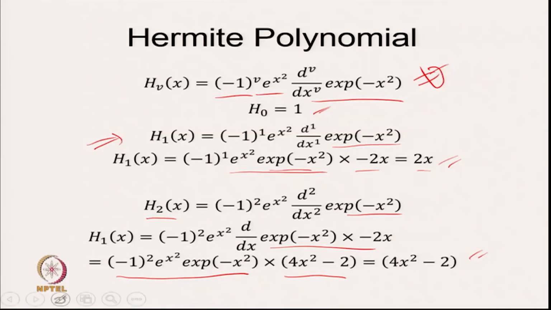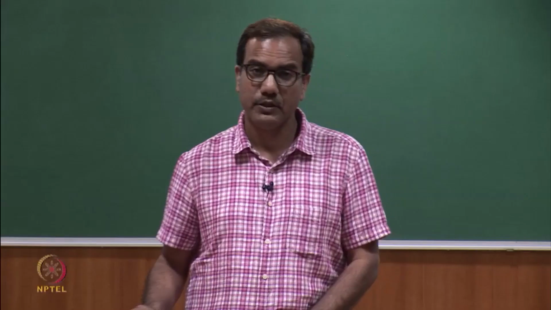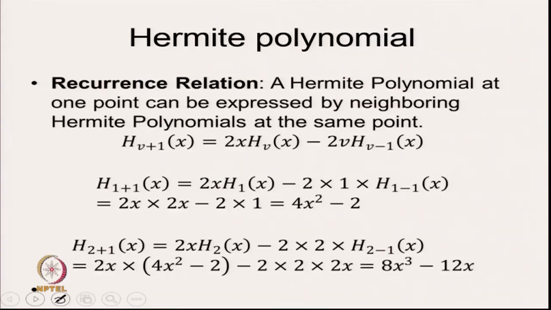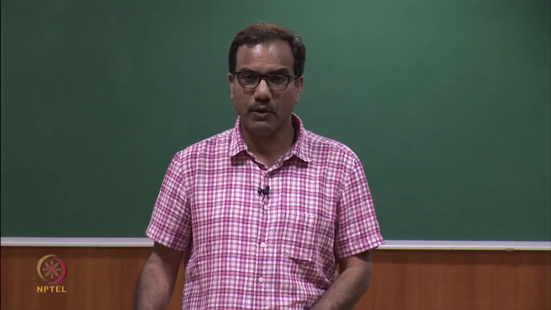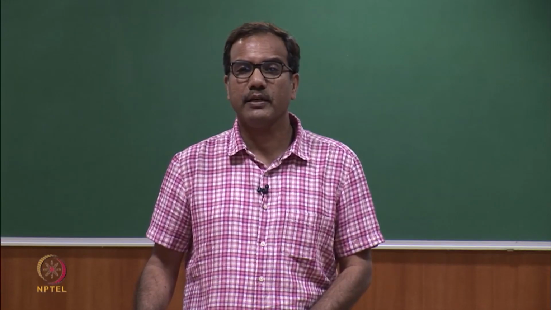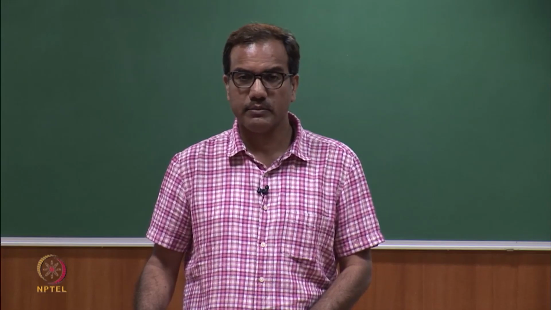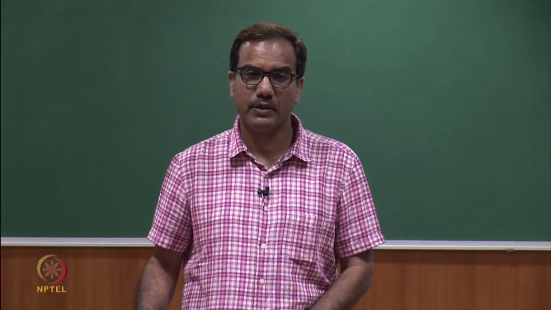There is another property of these Hermite polynomials: they have a recurrence relationship. What does that mean? If you know two previous Hermite polynomials, then you can get the next one.